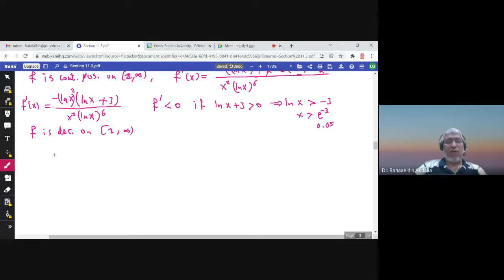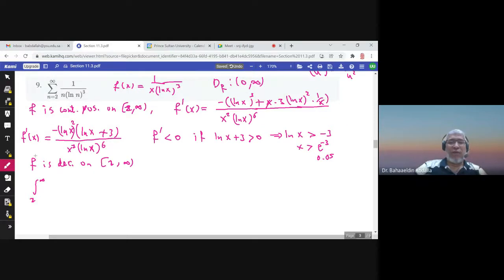So I can talk now about the improper integral from 2 to infinity of the function 1 over x times (ln x) to the power 3. It is the limit when t approaches infinity of the integral from 2 to t of 1 over x (ln x)^3 dx.